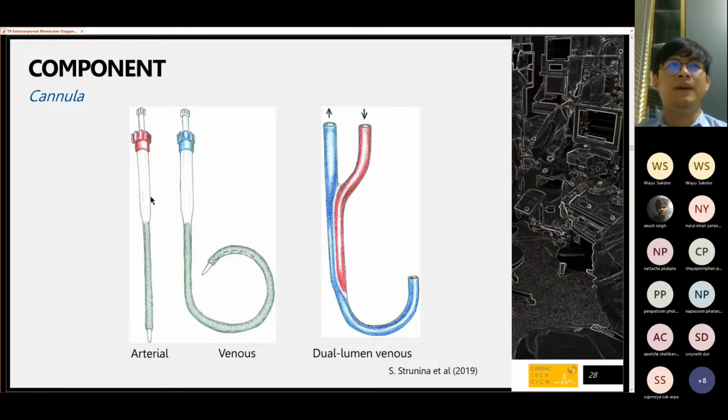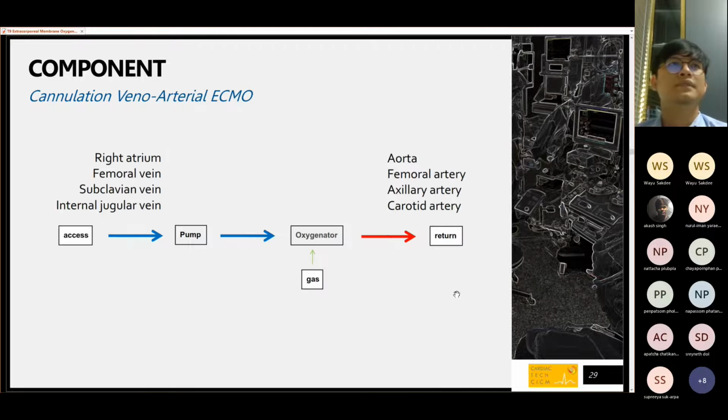It's maybe used for the femoral cannulations, and for VV ECMO sometimes they use a double lumen venous cannula like here. So you can see in one catheter there are two lumens, which provide the blue blood and red blood in the same catheter. Okay.